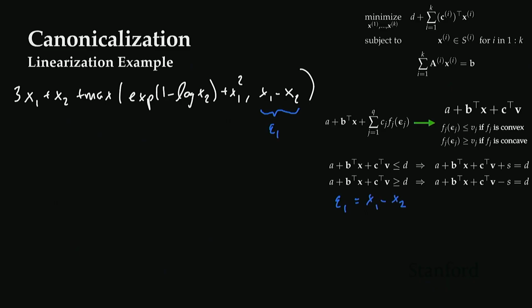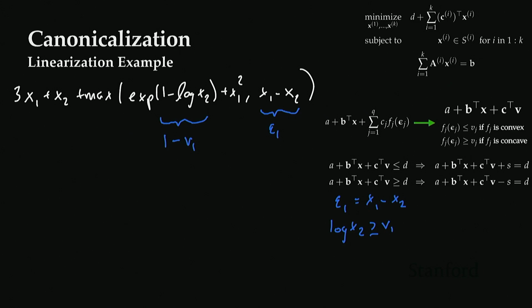Okay. So let's start with linearizing this 1 minus log x2. That's going to look like 1 minus v1 with the new constraint on log x2. Log is concave, so it's going to follow the second one. So log x2 is greater than or equal to v1.